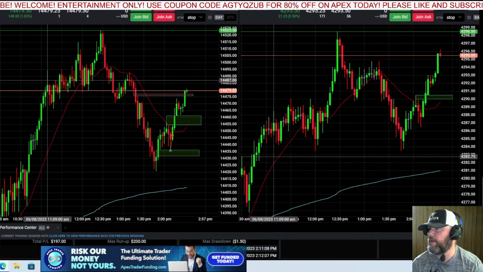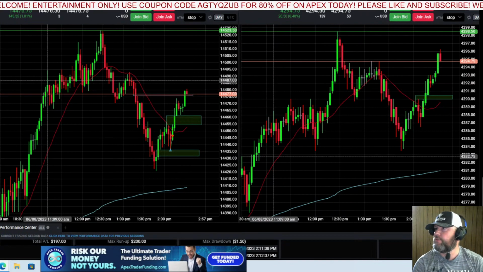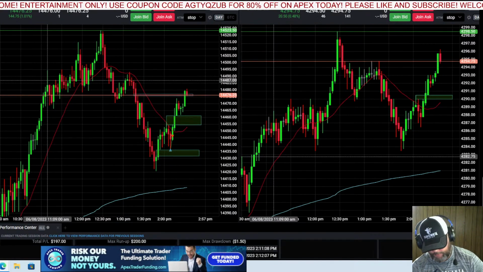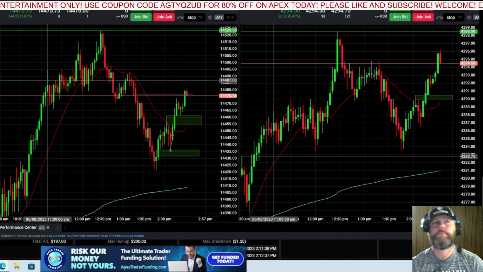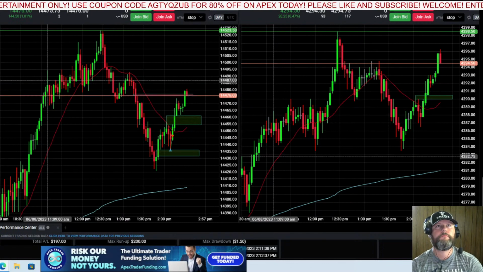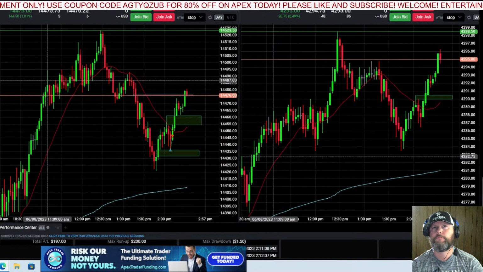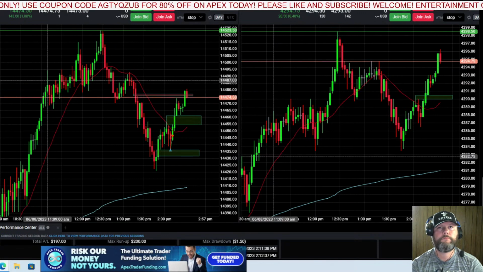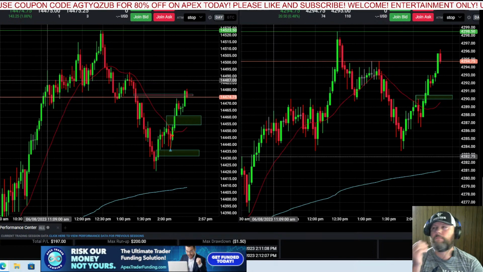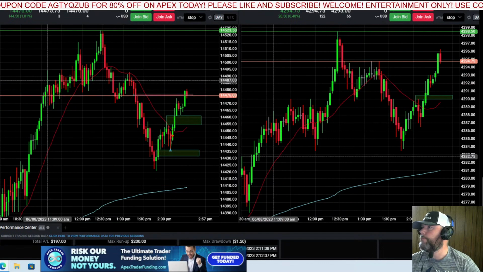Price is now above the fair value gap on the NQ, that bearish one. Possible pullback now.